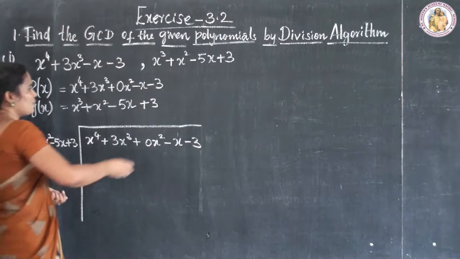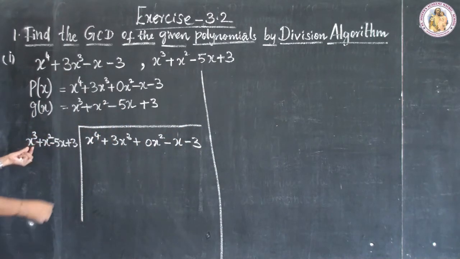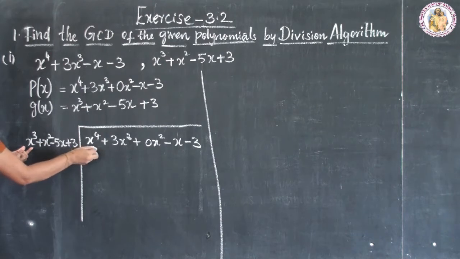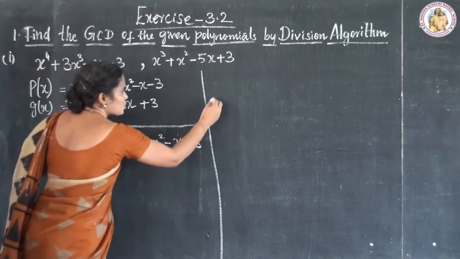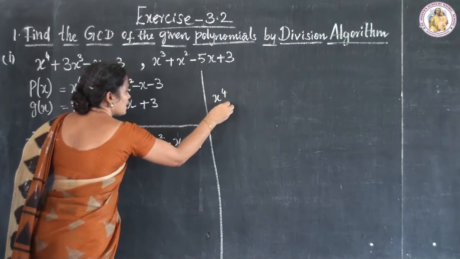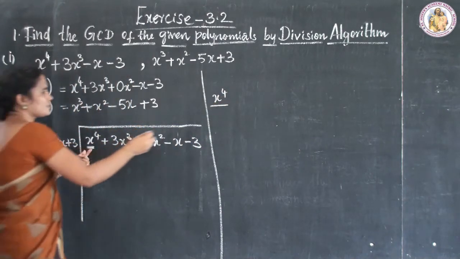It is very easy for you to find the division algorithm. So take the first term on both sides, x power 4 and x cube. Write x to the power of 4 divided by x cube.